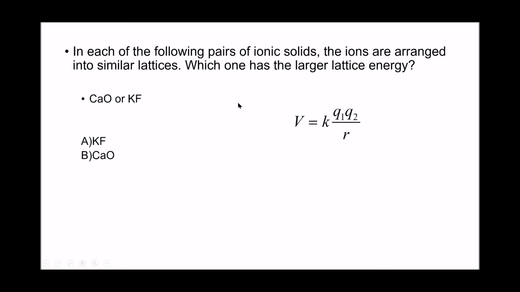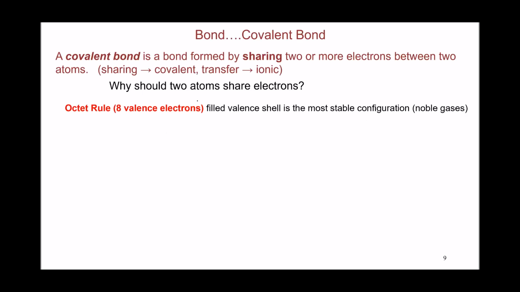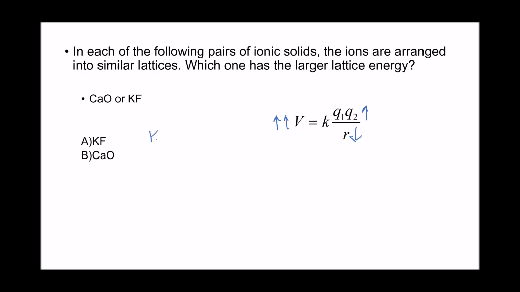For each of the following pairs, calcium with oxide versus potassium with fluoride, which one will have larger lattice energy? If you compare the ions, calcium has a larger charge than potassium, and oxide has a larger charge than fluoride.